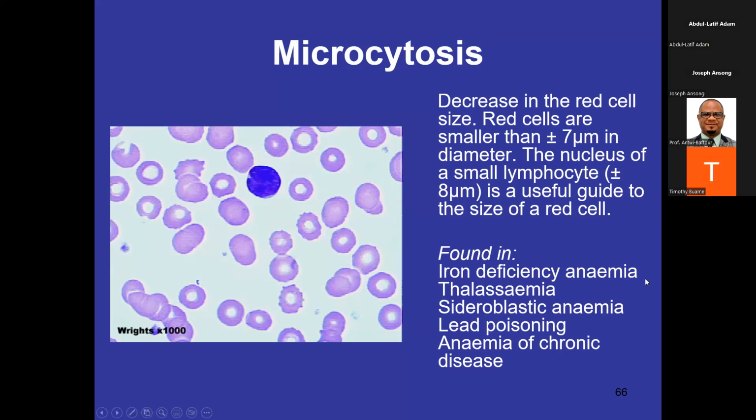We can use the nucleus of a small lymphocyte as a useful guide to the size. These are found in iron deficiency, thalassemia, aplastic anemia, lead poisoning, and anemia of chronic diseases.